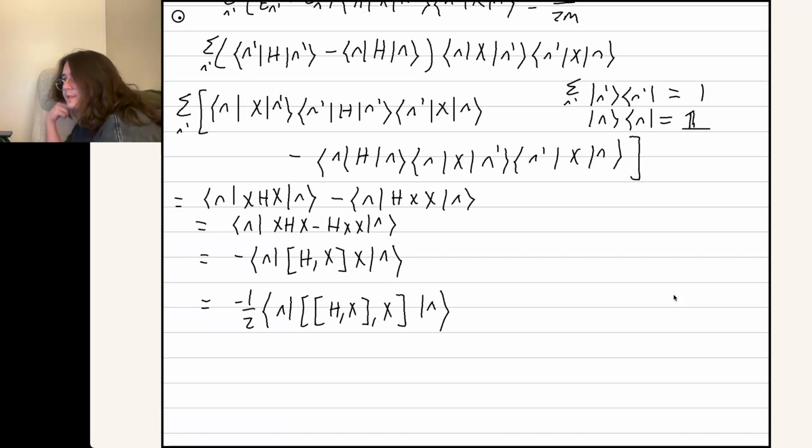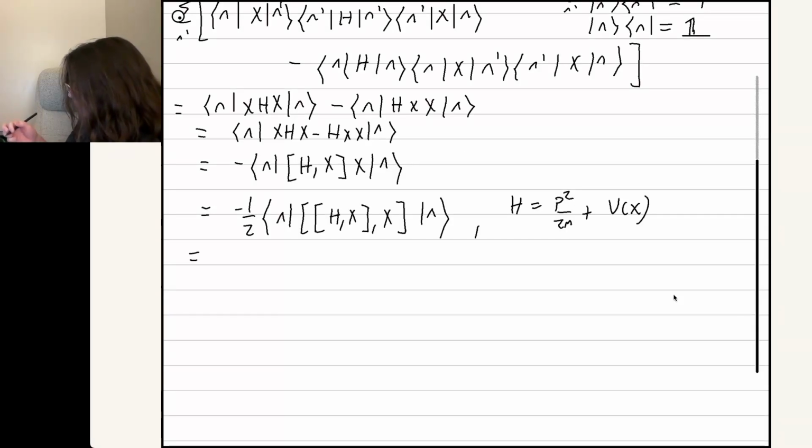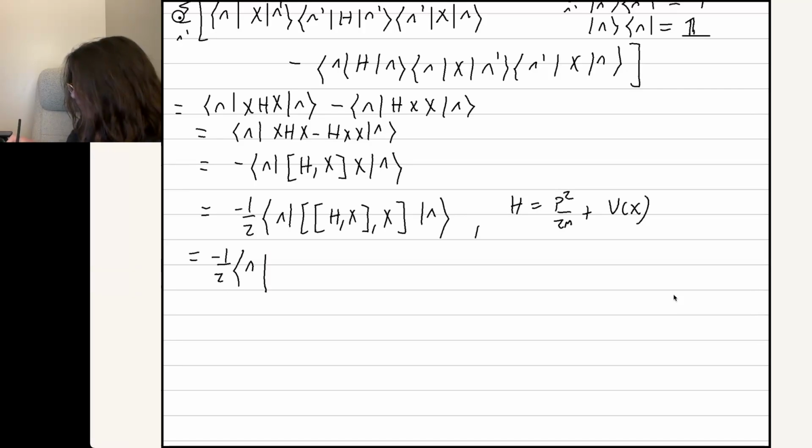That's an important thing to have because our Hamiltonian is given by p squared over 2m plus V of x, regular old Hamiltonian. So putting that in there, we have 1 over 2, and then n, commutator, p squared over 2m plus V of x with x with x.